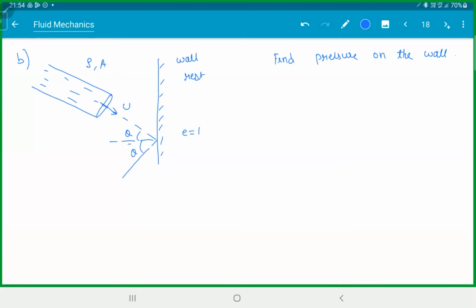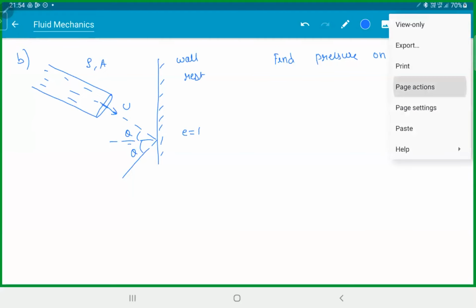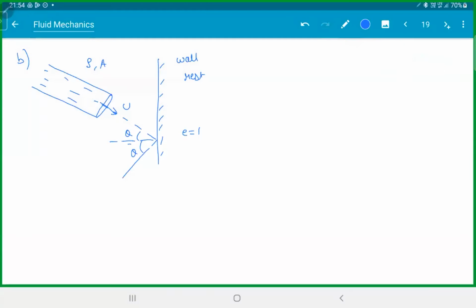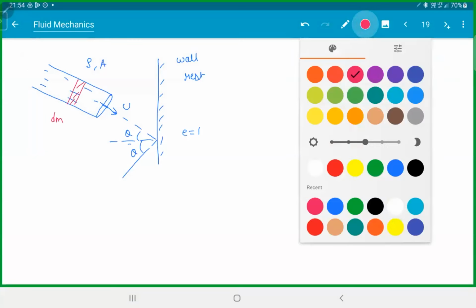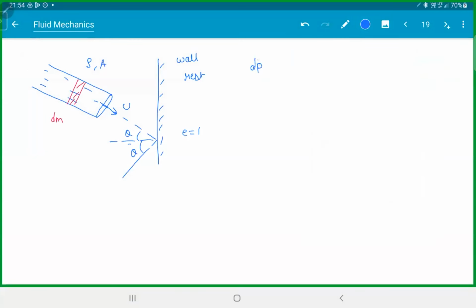How do we do this? See. We take a small piece here, dm. So what is change in momentum here? Change in momentum will be 2 dm u cos theta. Agreed?